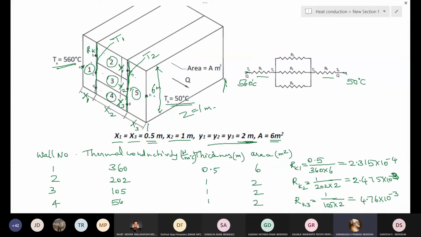2 does, the highest thermal conductivity. 2 has 202 thermal conductivity.